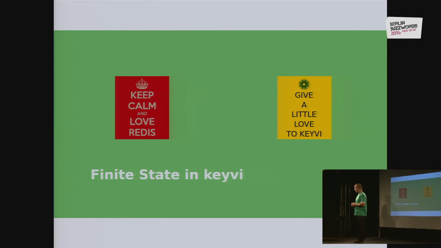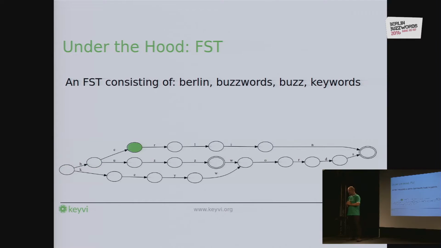Okay, so I think now you should know why. And now I want to tell you a little bit about the how. Let me look at what this finite state something was. So this is actually not a finite state transducer, if you look correctly, it's a finite state automaton.